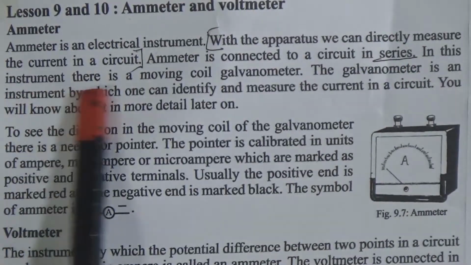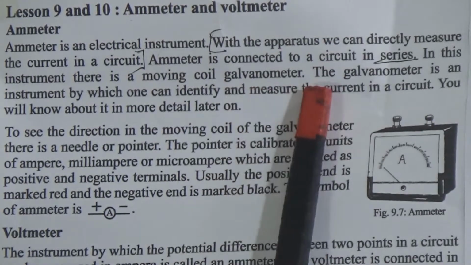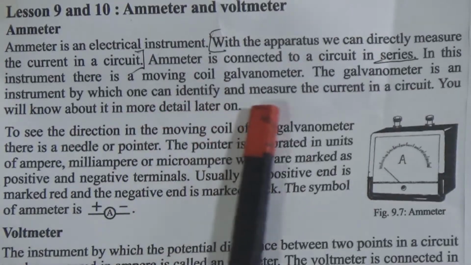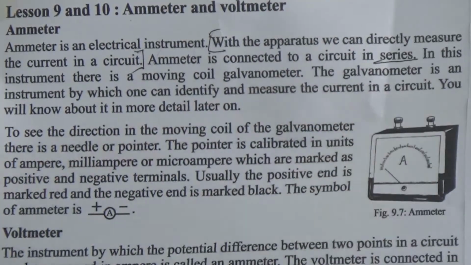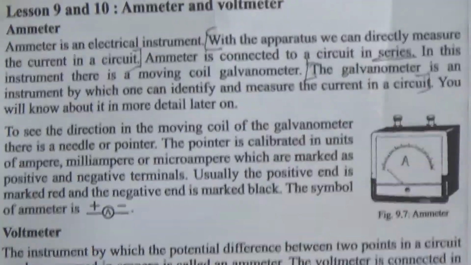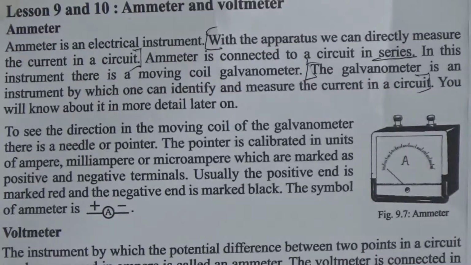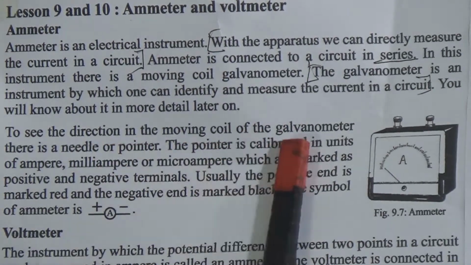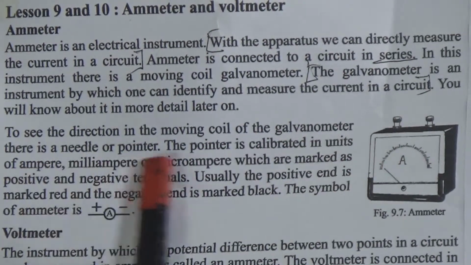In this instrument there is a moving coil, that is the galvanometer, and the galvanometer is an instrument by which one can identify and measure the current in a circuit. This is the definition of the galvanometer, and you will know about it in more detail later on. To see the deflection of the moving coil, there is a needle or pointer.